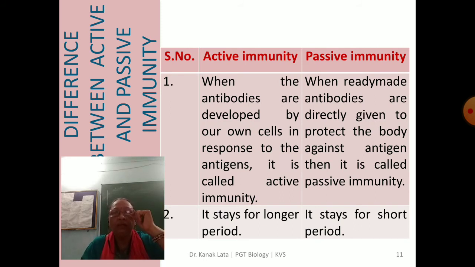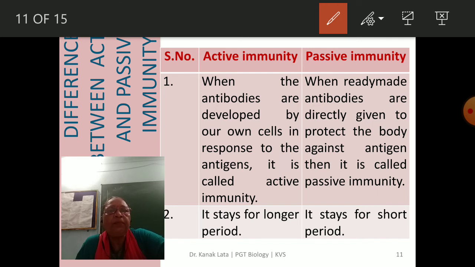Now, let us see the difference between active and passive immunity. When the antibodies are developed by our own cells in response to antigen, it is called active immunity. When ready-made antibodies are directly given from outside to protect against antigen, it is called passive immunity.